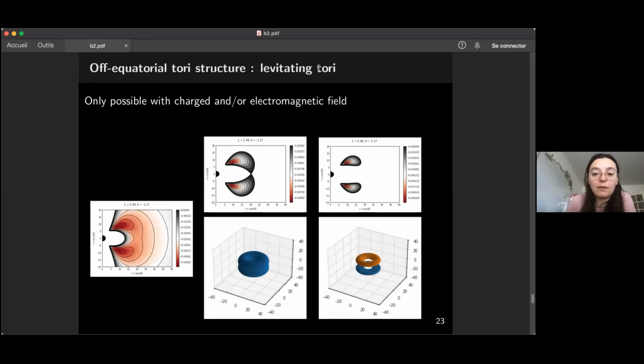So here we have some of them. We can have them linked to each other, like this on the left, or linked through the cusp point, or completely detached, levitating above the equatorial plane. Of course, if we have those levitating tori, it doesn't mean that we don't have an equatorial one. So it's possible to have both of them at the same time.